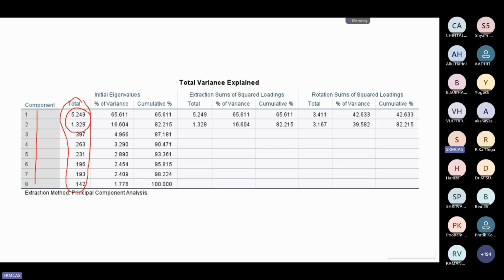Look at the cumulative percentage share, it's 82%. That means 82% of the variation in the variables is expressed by these 2 factors itself.